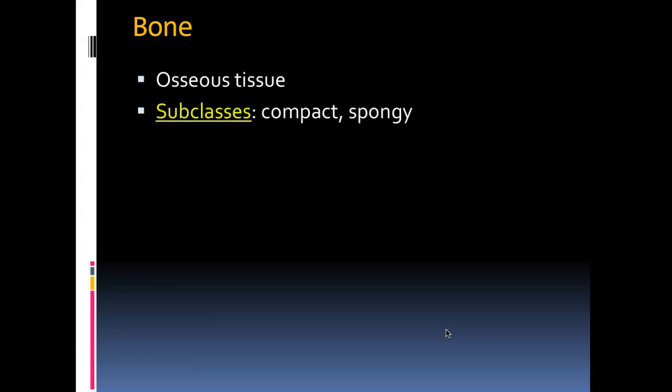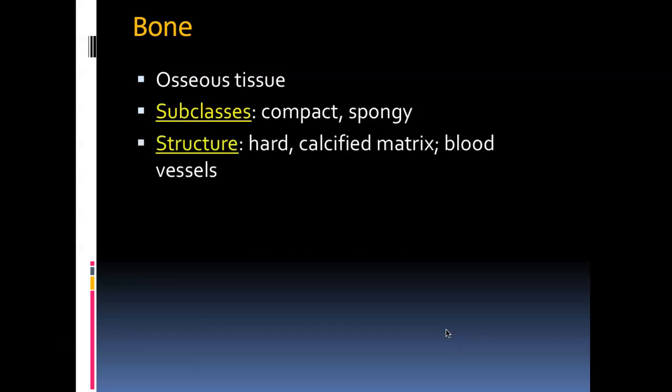All right, so bone is also known as osseous tissue. You have compact and spongy. If you're picturing a bone in your mind, compact bone is what you see on the outside. It's the hard covering on the outside, and then spongy bone is going to be on the inside. So it's a hard calcified matrix that has blood vessels interworked within it.